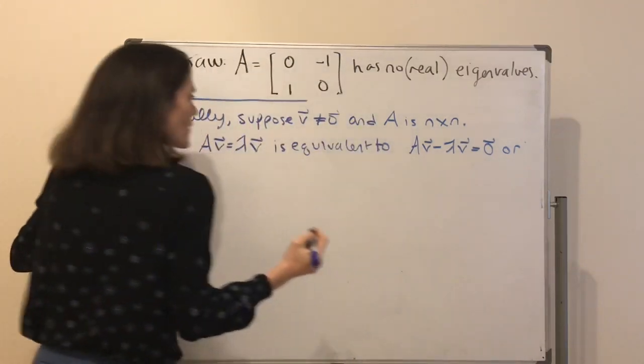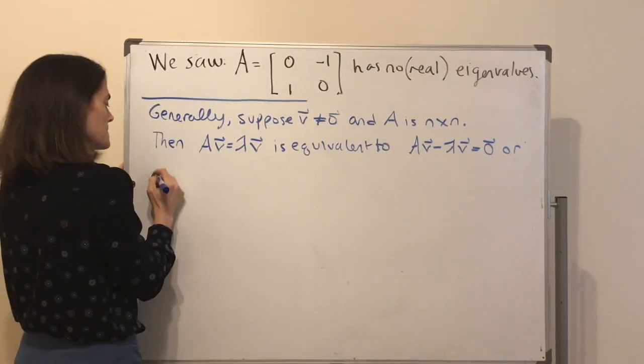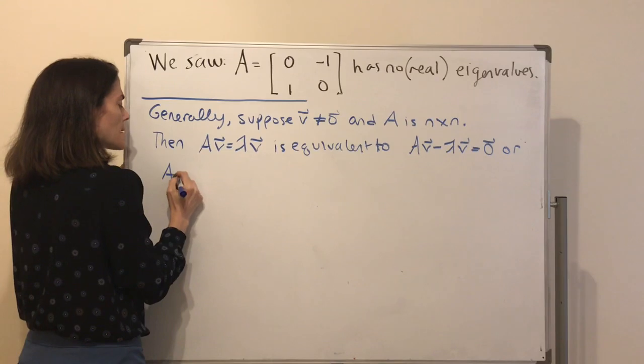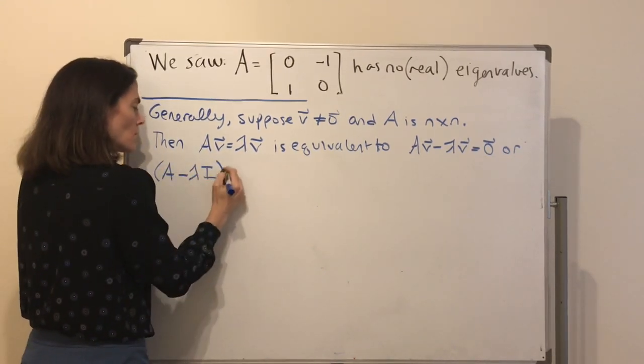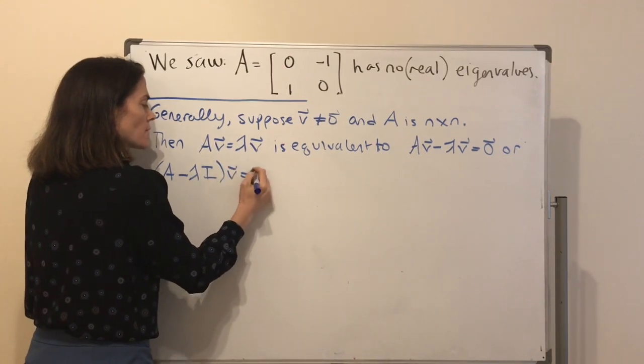Or another way to write this: A minus lambda times the identity, times V, is 0.